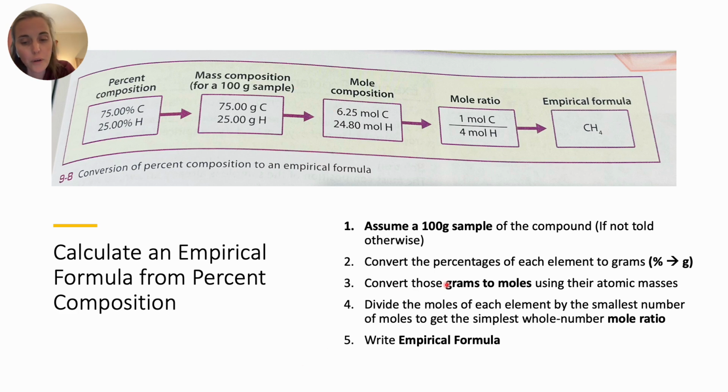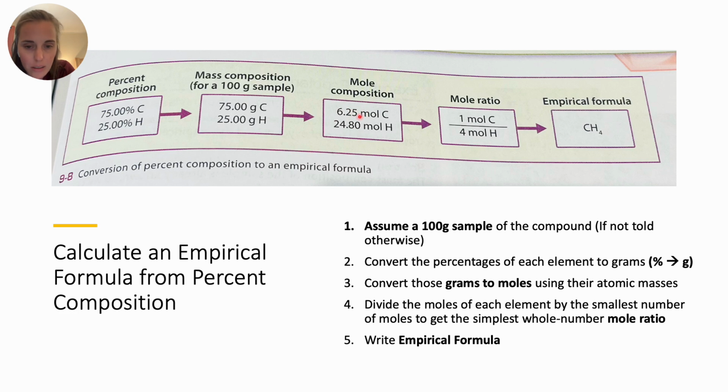Number 3, you convert your grams to moles using your atomic masses. And so you would find out, okay, what is the mass of carbon? And then I'm going to end up dividing 75 grams times its atomic mass or molar mass, and that will get me to 6.25 moles of carbon. Then you divide the moles of each element by the smallest number of moles to get the simplest whole number mole ratio.